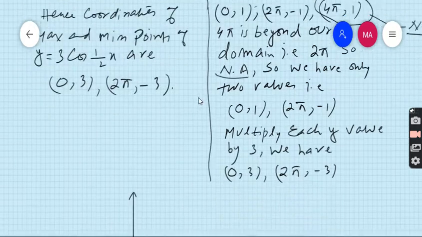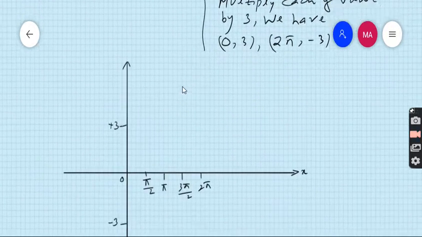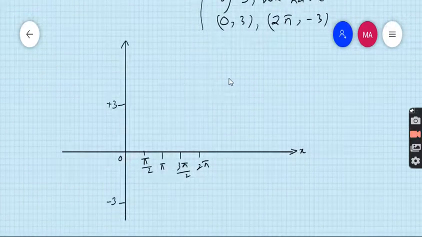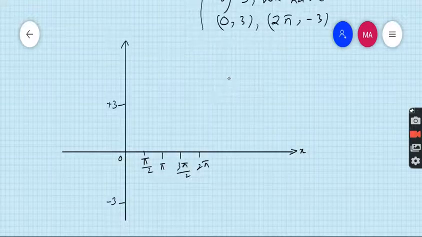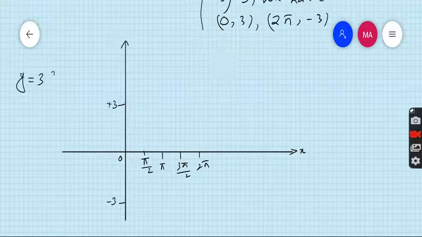So now we are going to sketch the graph of y equals 3 cos 1 upon 2x. Take on x-axis the values of angle.